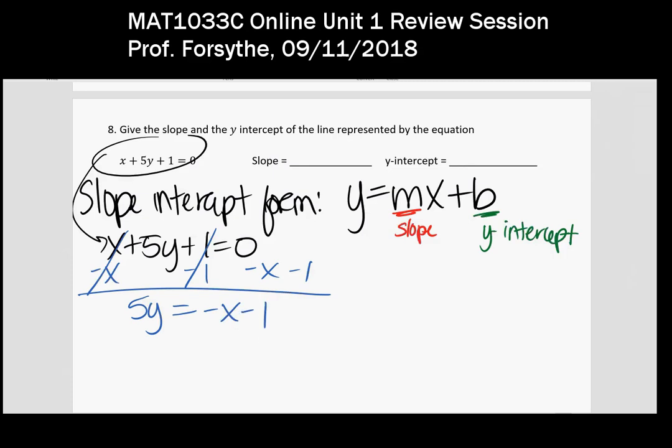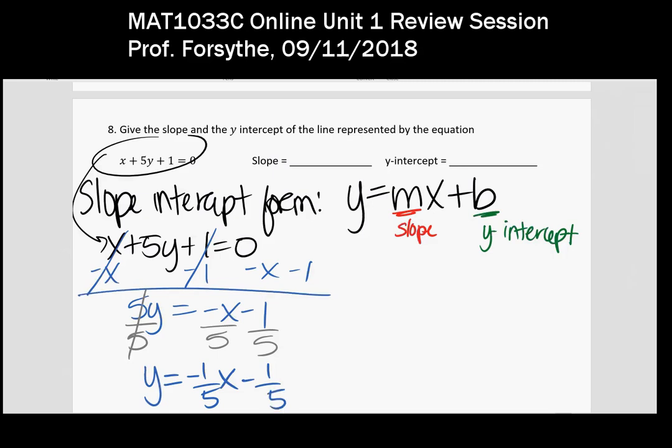And now we're going to solve for y, because slope-intercept form is y equals mx plus b. So let's divide by 5. Now I have y equals negative x over 5, that's -1 over 5x minus 1 over 5.